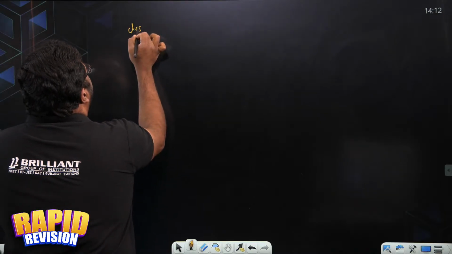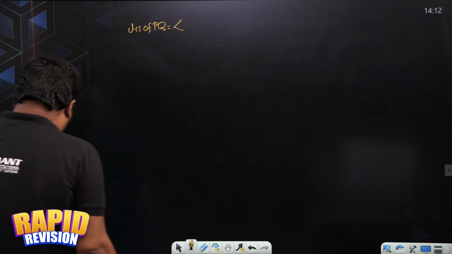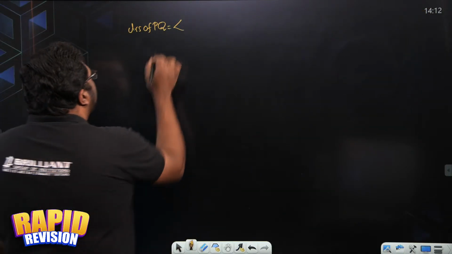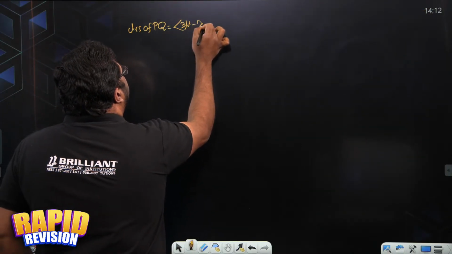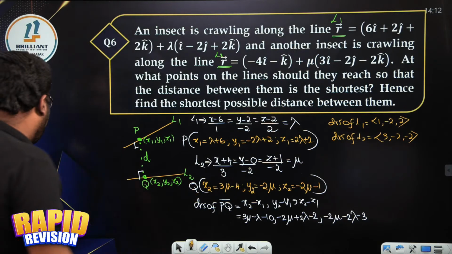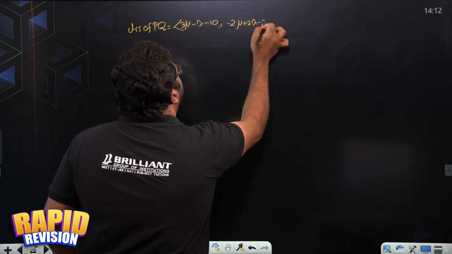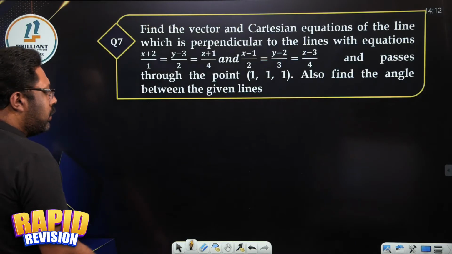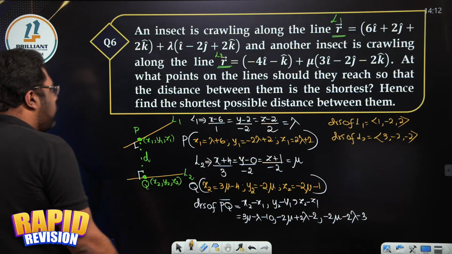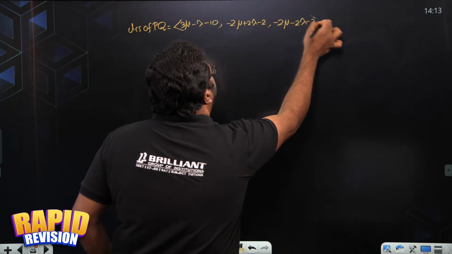Direction ratios of PQ equals, just for not turning the pages again, 3 mu minus lambda minus 10, then minus 2 mu plus 2 lambda minus 2, and the last one, minus 2 mu minus 2 lambda minus 3.